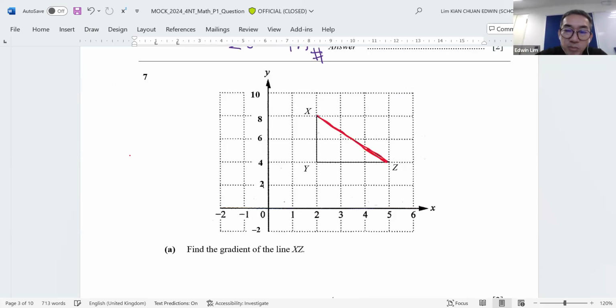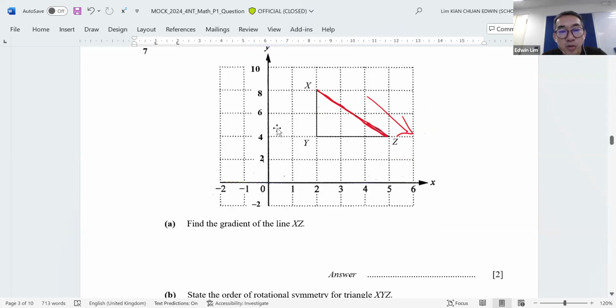Can you see that it's moving downwards? The moment it's moving downwards, I hope you know something about it. All right, so the first question asks you gradient. Gradient formula is actually rise over run.